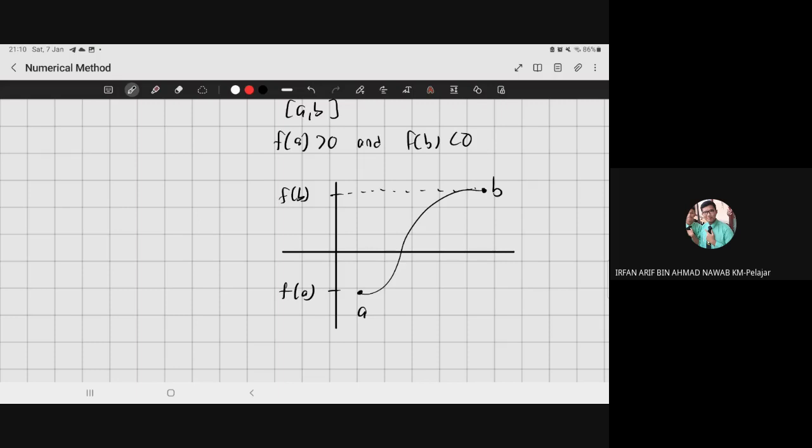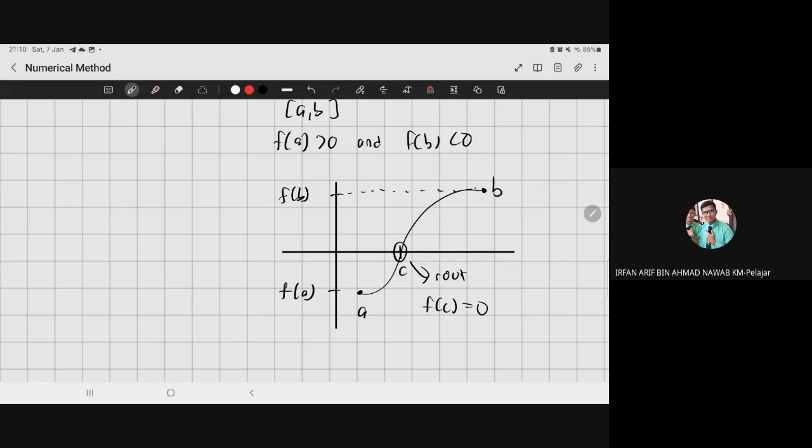Because we already confirmed through our algebraic approach that f(a) is less than 0 but f(b) is bigger than 0, this means that it has to intersect. We know that it is a continuous function, so this has to cross the x-axis, meaning that this will be our root, where f(c) is equal to 0.